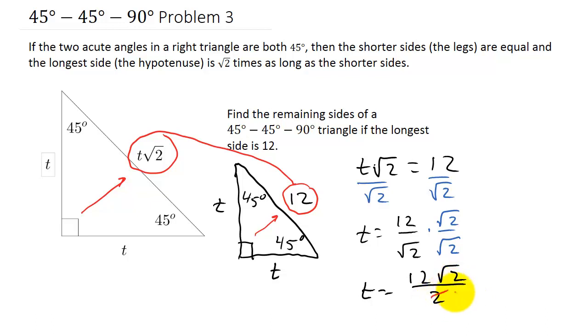And then this will reduce. I'm left with a 1 and a 6. And so I get 6 square roots of 2. And this would be the length of my two shorter sides.